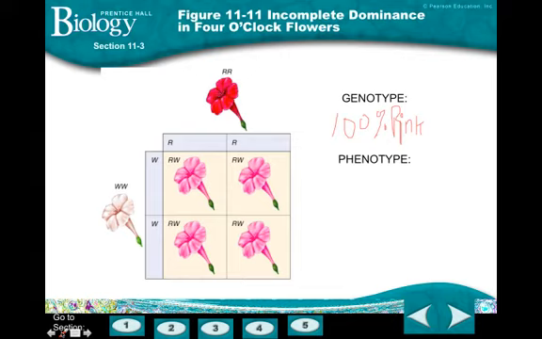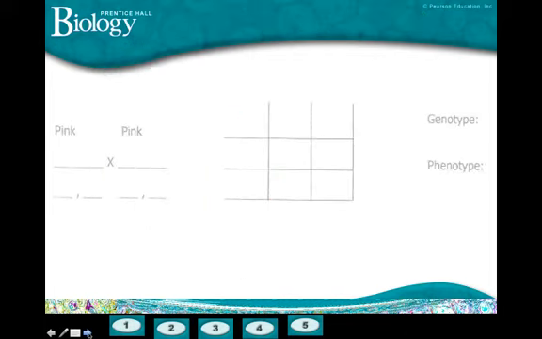That's a very common mistake because genotype is what? The genes. So we're actually looking at 100% R, W. And 100% pink goes down here because that's the physical feature, right? Very nice. Good catch, people. So that's one example of incomplete dominance.